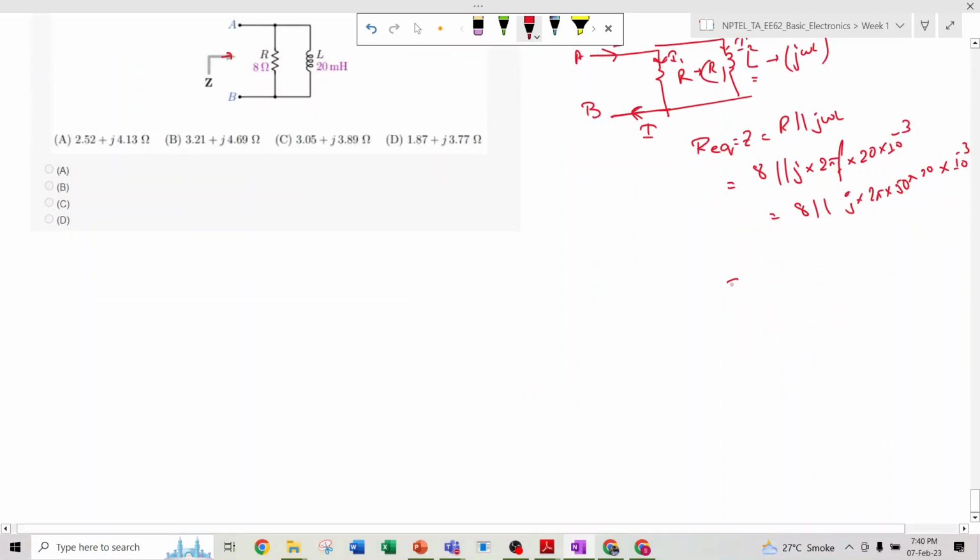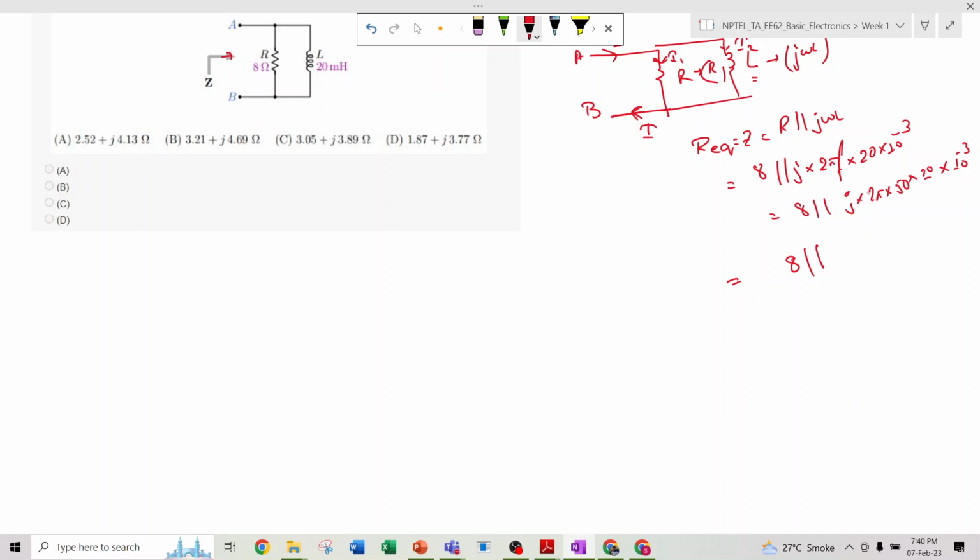So it will come as 8 parallel with, so this value is nothing but 100 pi.